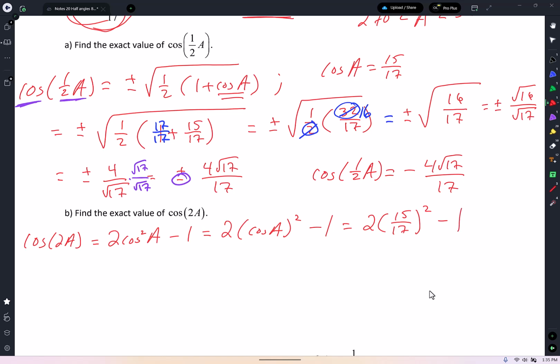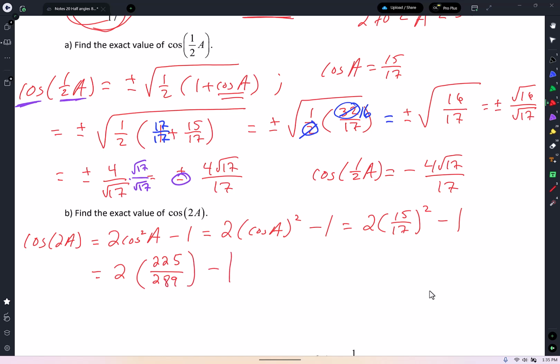Here we go. 2 parentheses 15 squared. 15 times 15, I believe that's 225. And if 15 squared is 225, then I believe 17 squared is 289. But check, because I make mistakes all the time.